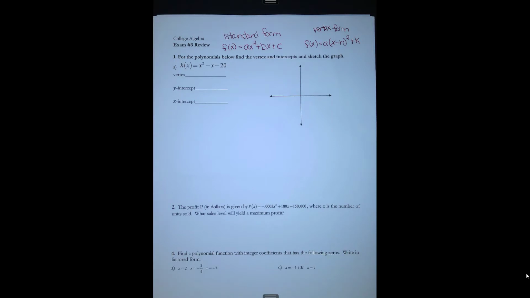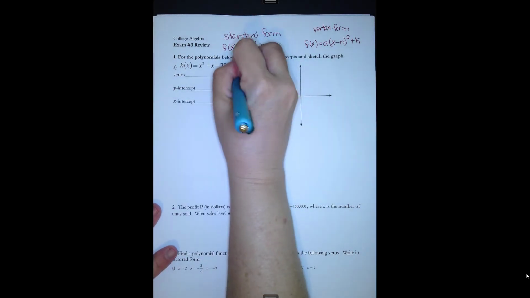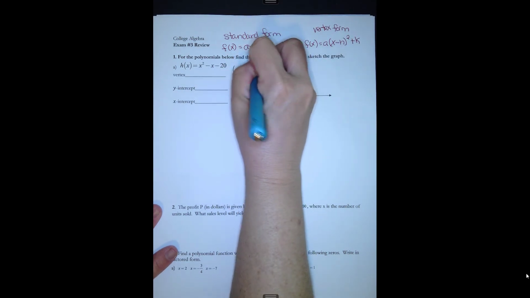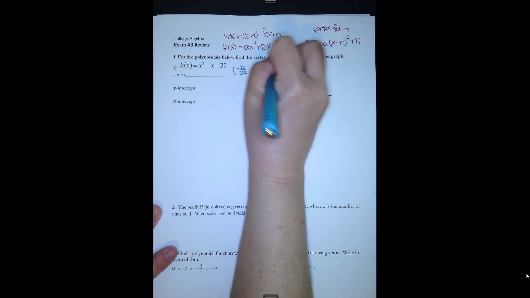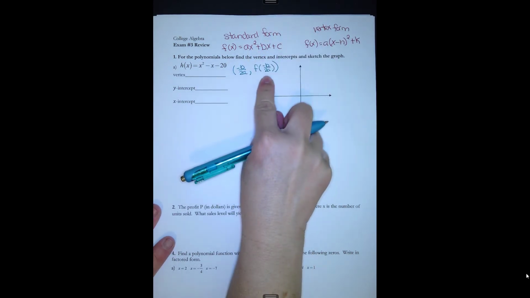But looking at our very first one, since it is in standard form, to find our vertex we're going to use the opposite of b over 2a, comma, f of the opposite of b over 2a. That simply means we're going to take this value and plug it in once we are finished.